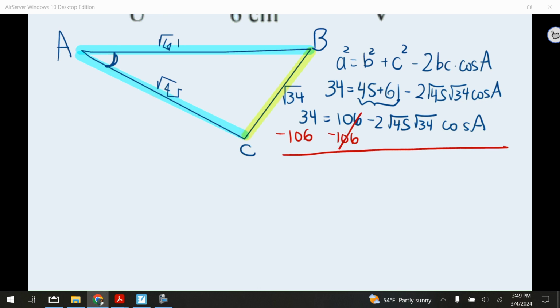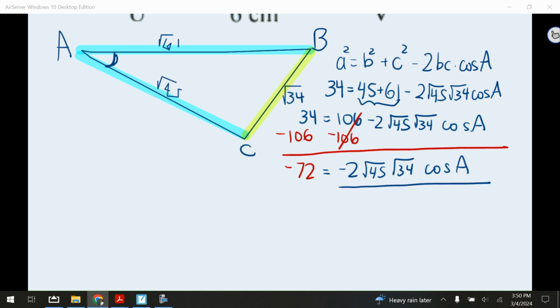And I get negative 72 equals negative 2 radical 45 radical 34 cosine of A. Now I have to isolate cosine of A, so I'm going to divide both sides by negative 2 radical 45 radical 34. So then all of this cancels.